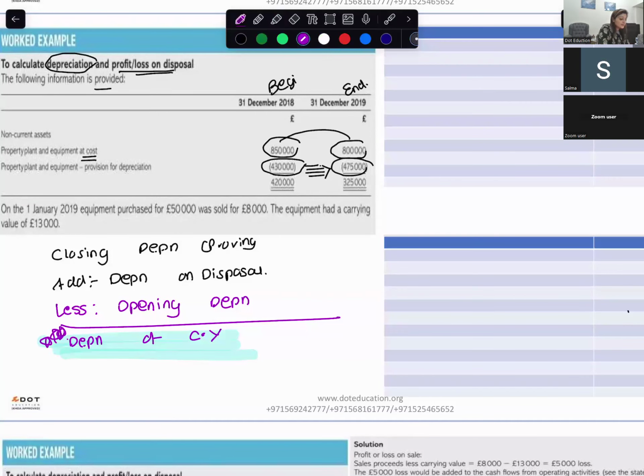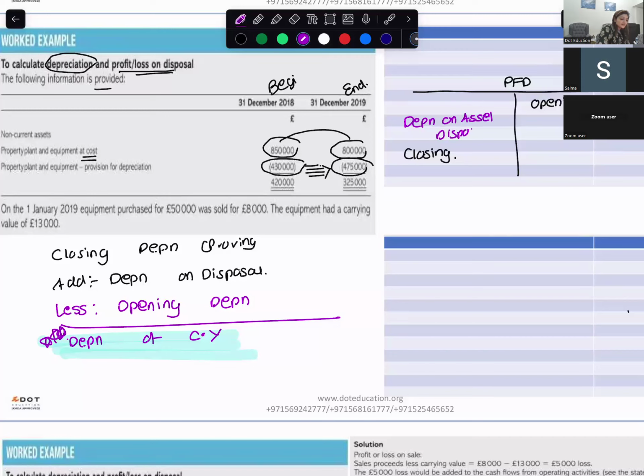Either you can do this or you can make an account like this, which is called the provision for depreciation. The opening provision for depreciation will come here. Closing provision for depreciation will come here. Depreciation on asset disposed will come here.